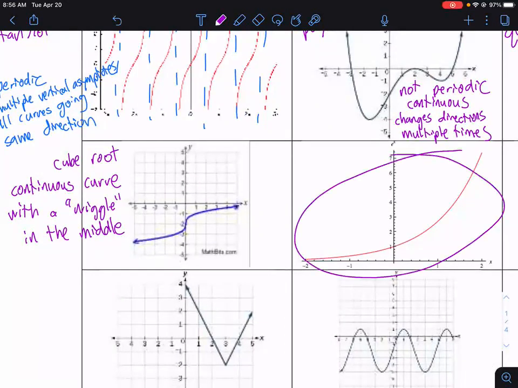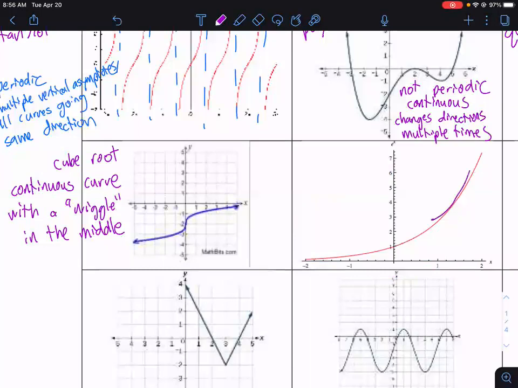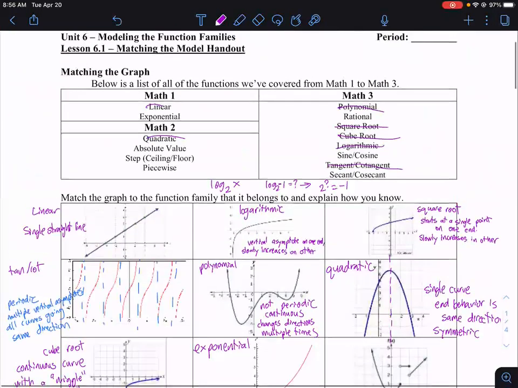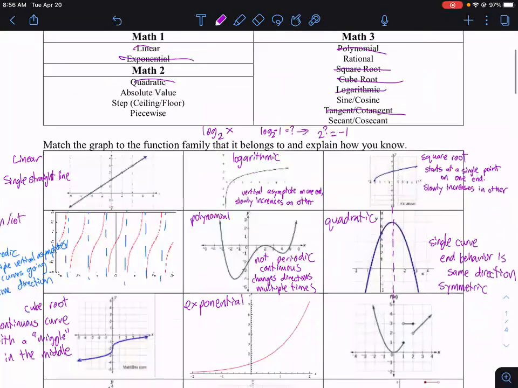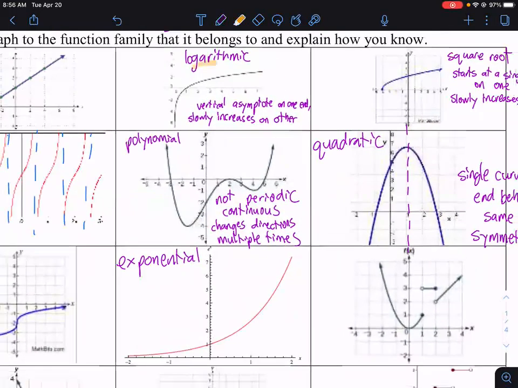Okay, so then over here, we've got a graph which is rapidly increasing on one end, but which flattens out on the other end and actually approaches a horizontal asymptote. It'll never cross this horizontal asymptote. So maybe you recall this from Math 1 as an exponential function. And then maybe you remember from this year that exponential and logarithmic are inverses, right?